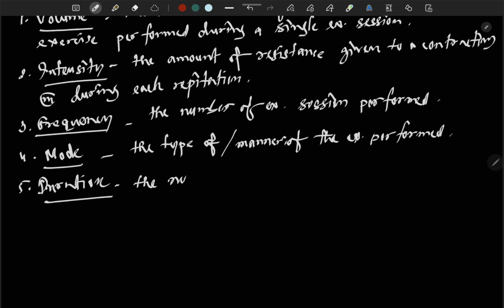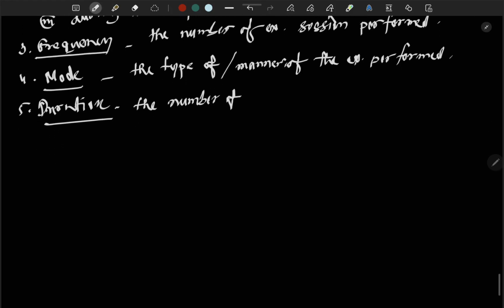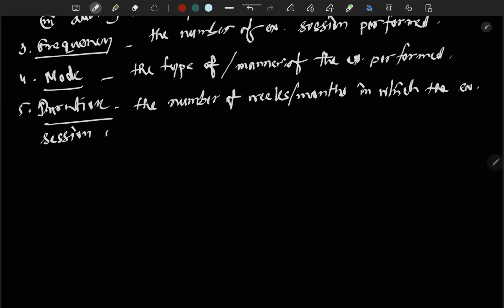The number of weeks or months in which the exercise session is completed.